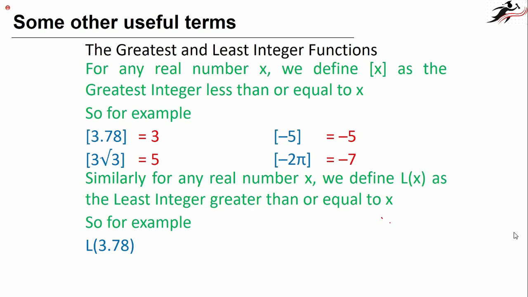Pushkar, this is module 1. So 4, correct. To the right of 3.78, the first integer that I come across will be 4. Least integer of -5.